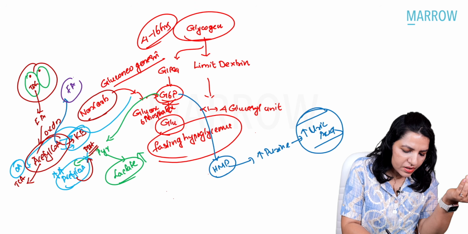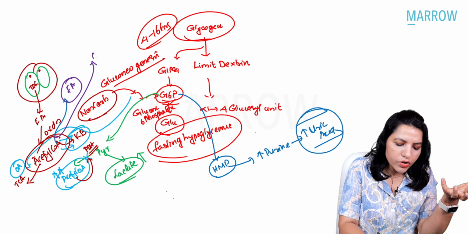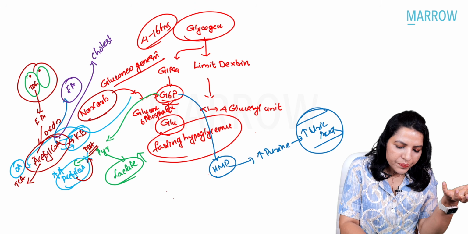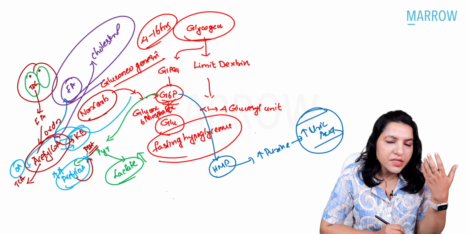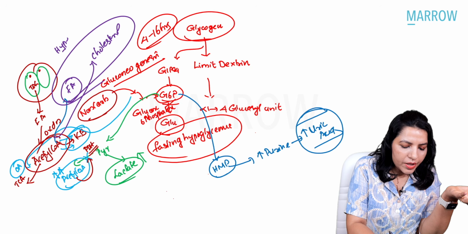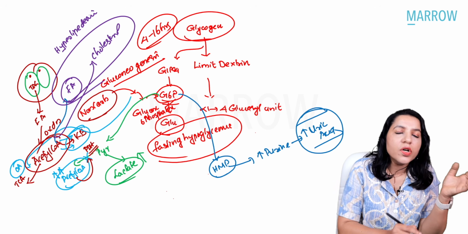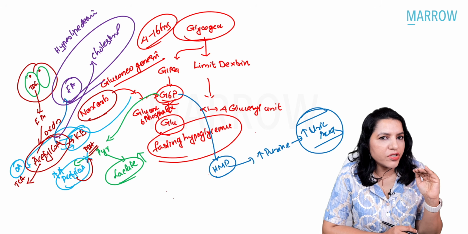So there is excess fatty acids, and the same acetyl coenzyme A is the building block for cholesterol. Because of this excess fatty acid synthesis and cholesterol synthesis, this leads to the fifth biochemical hallmark, which is called hyperlipidemia. So these are the biochemical hallmarks of von Gierke's disease.